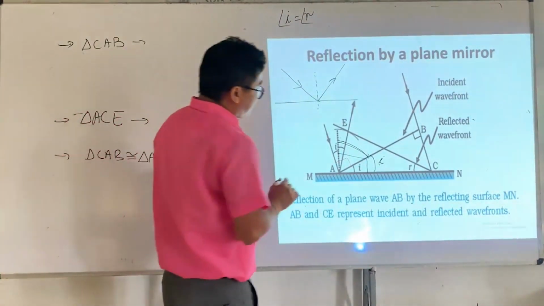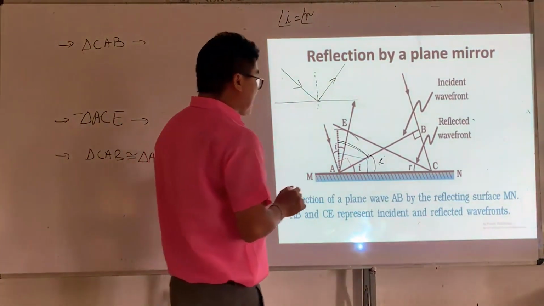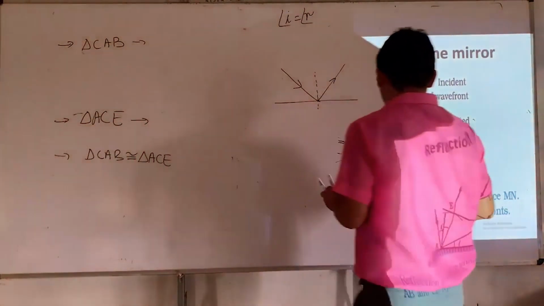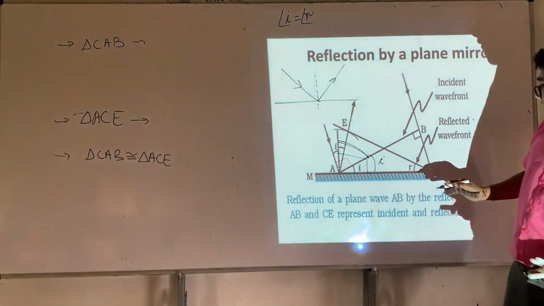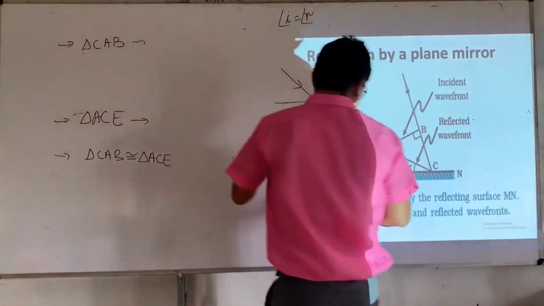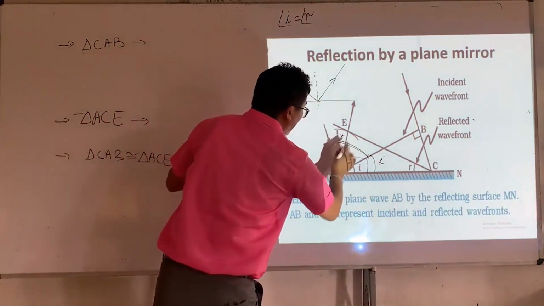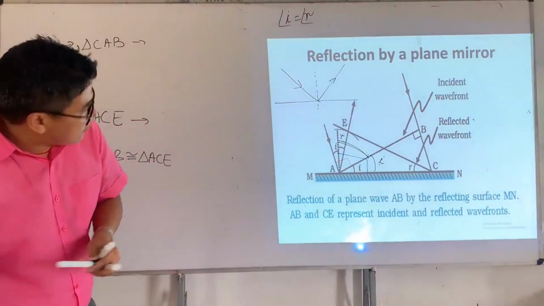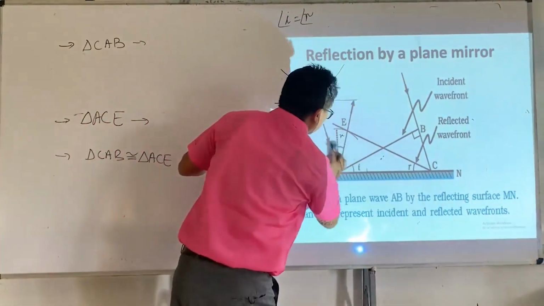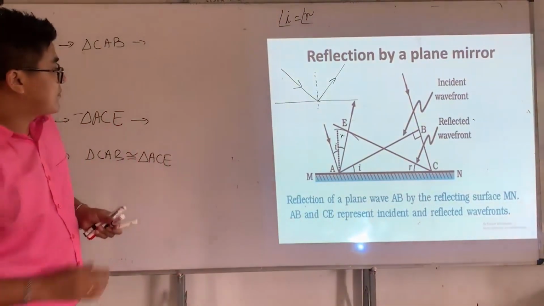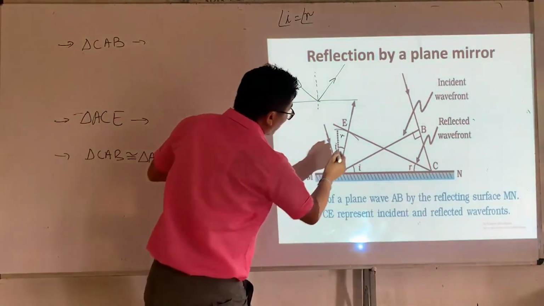And next, what I'm going to do is take this R. This is R, the angle of reflection. So next, I'm going to take this.